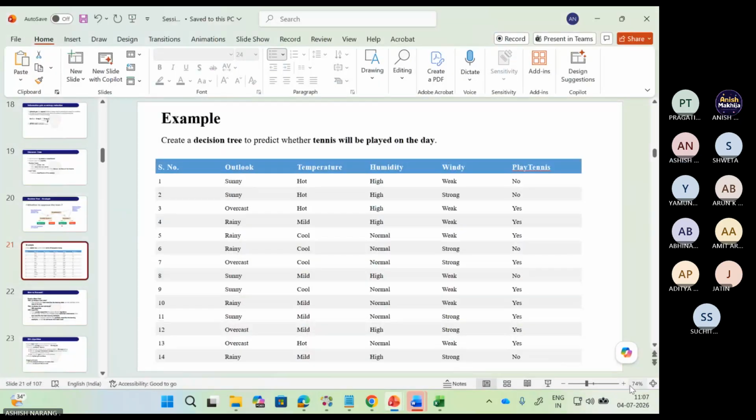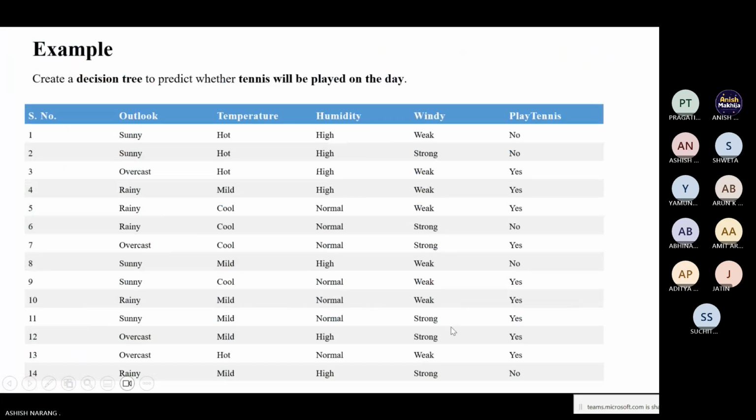Okay. Is everyone trying? Yamuna, Krishnan, Suchitra, Shweta.